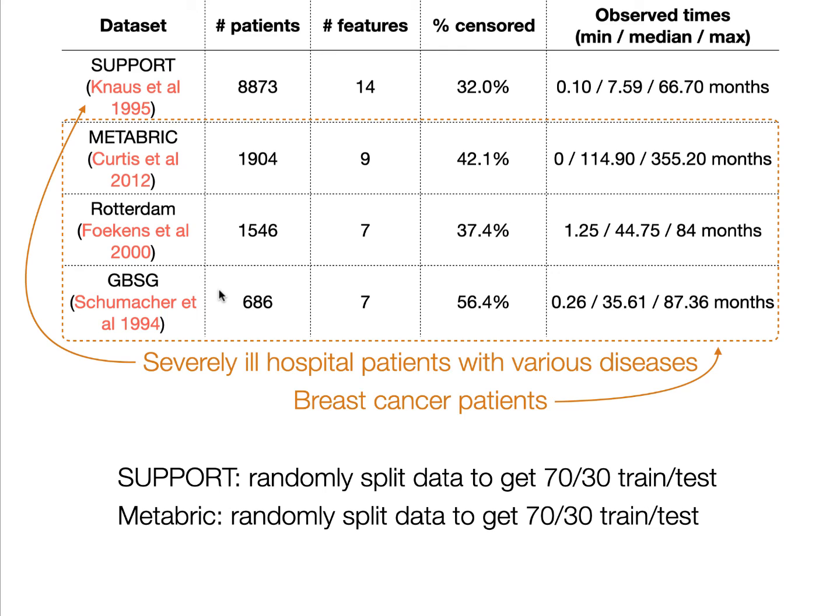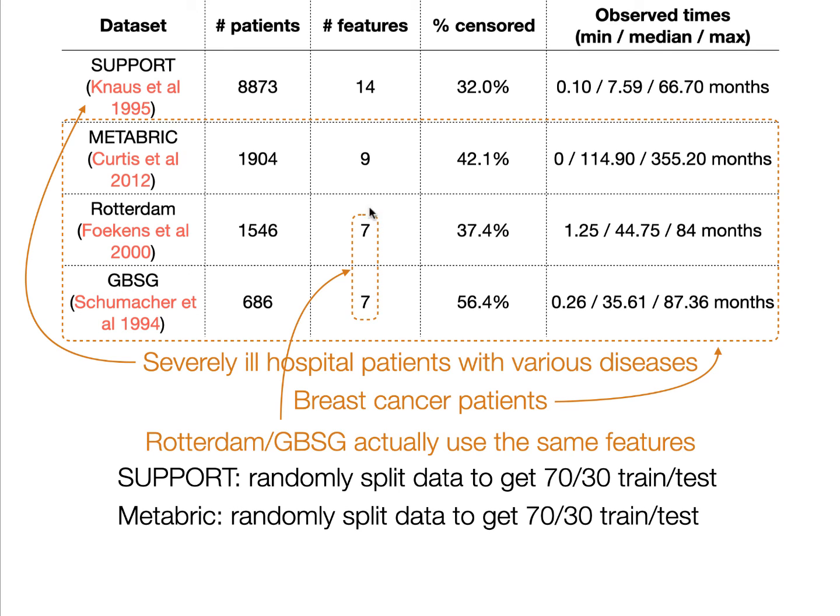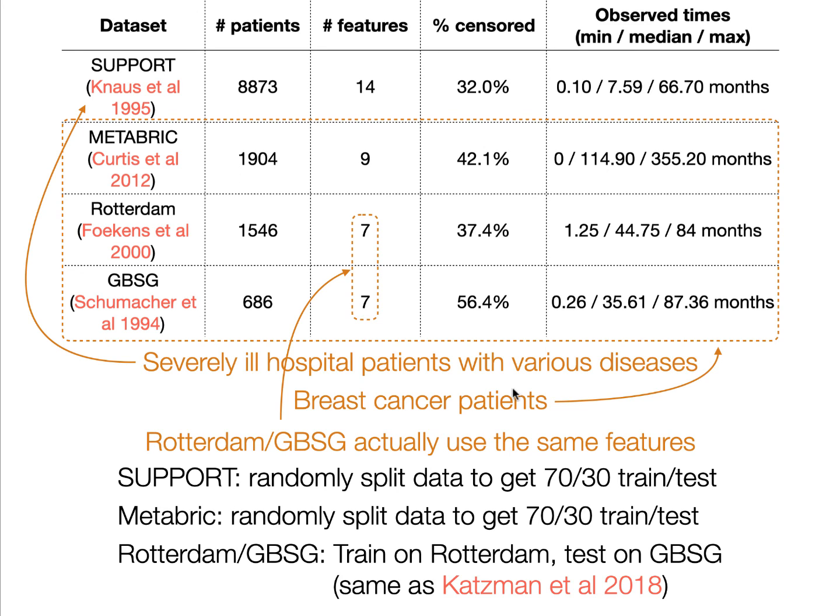For Metabrick, it'll be the same thing, random 70-30 train test split. For Rotterdam and the GBSG datasets, you'll notice the number of features here are the same because they're actually the same features. One thing you can do that has been done previously by other authors is to train on one of these datasets, like train on Rotterdam and test on GBSG.